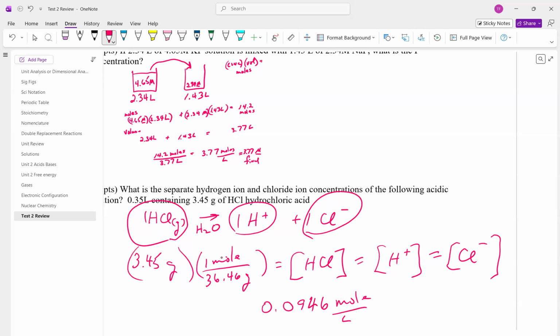That means 100% disassociates. So how much of the original is left? None. And that's true for all the strong acids, there's 7 of them. And we work with mostly HCl because it's the simplest one. Okay, so everything is converted, nothing's left over. Okay, does that make sense?